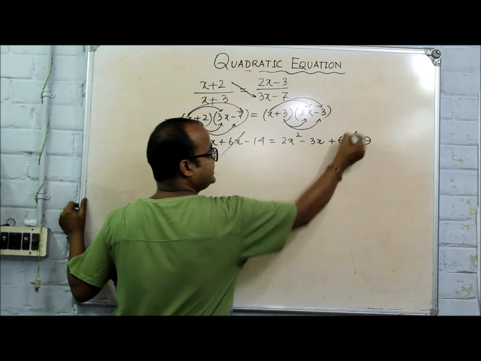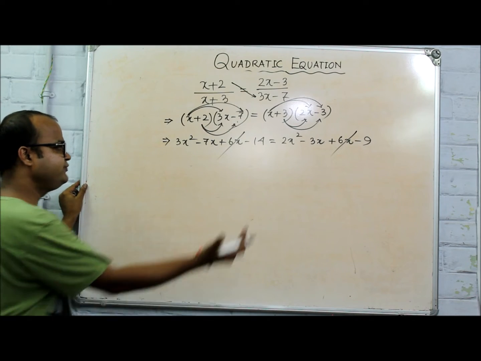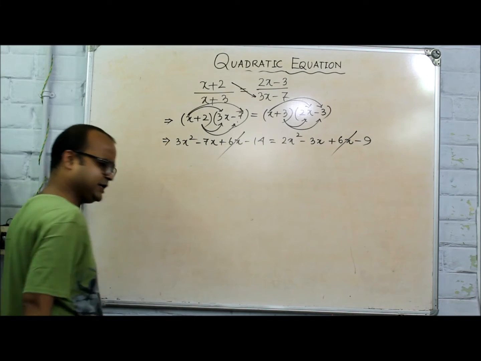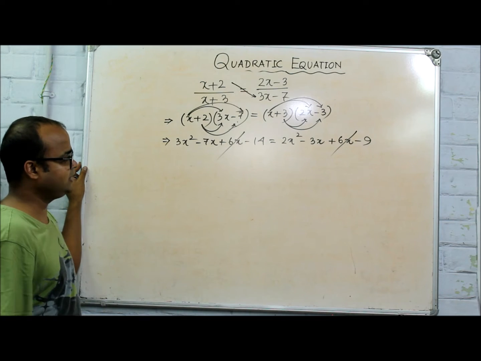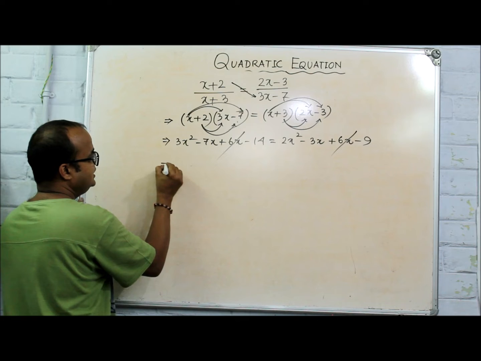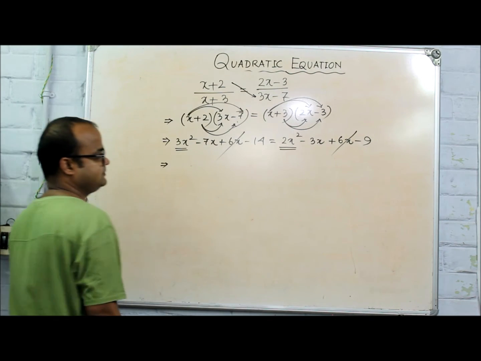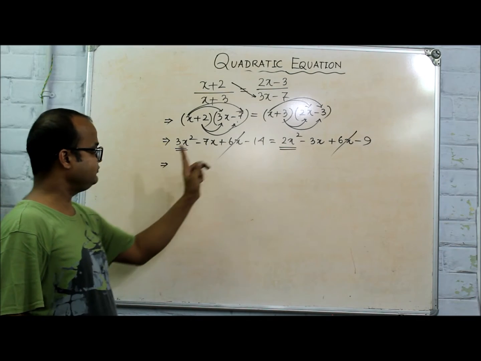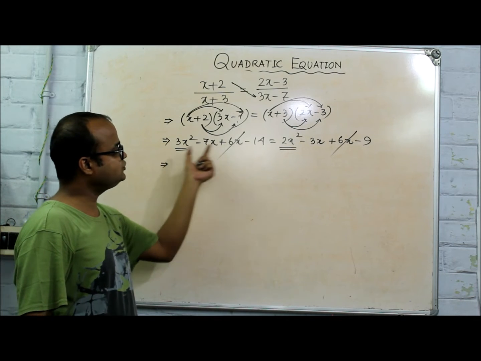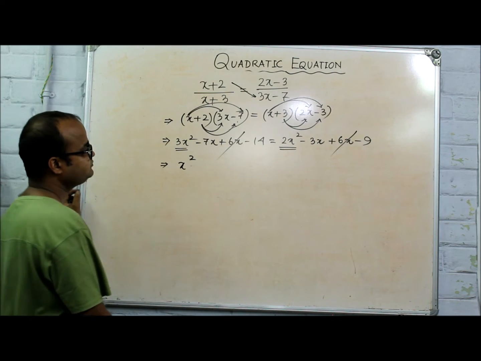Now plus 6x, plus 6x. Same sign, opposite side, they will cancel each other. Or if you bring it to this side, this will become minus 6x, then plus 6x and minus 6x will get cancelled. So it is up to you, either we bring all the terms here and then simplify, or directly you can cancel out. Now see 3x square and 2x square. This 2x square, once we change the side, this will become minus 2x square. 3x square minus 2x square is equal to x square.